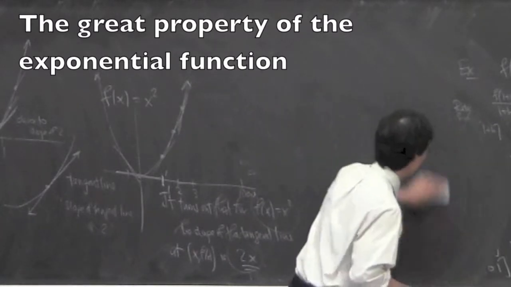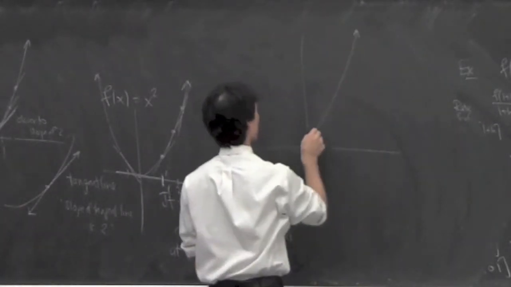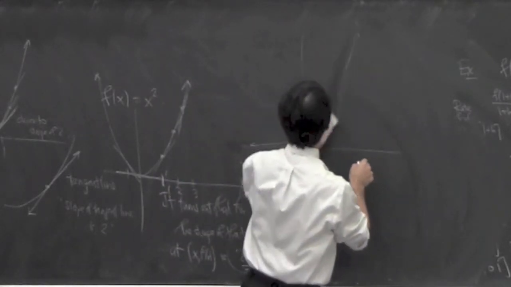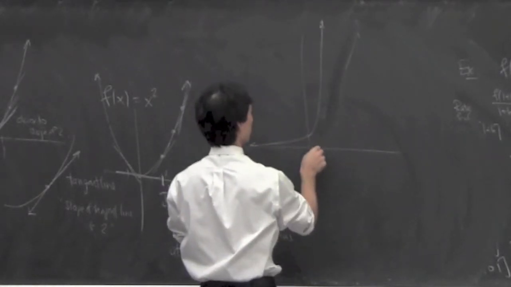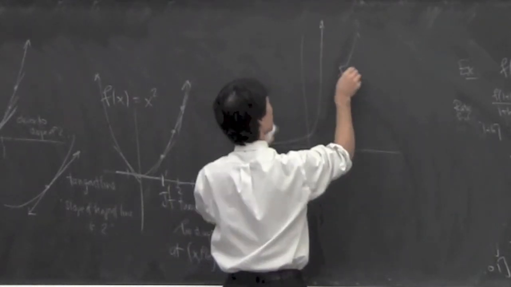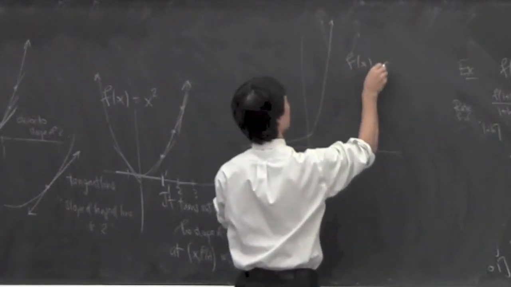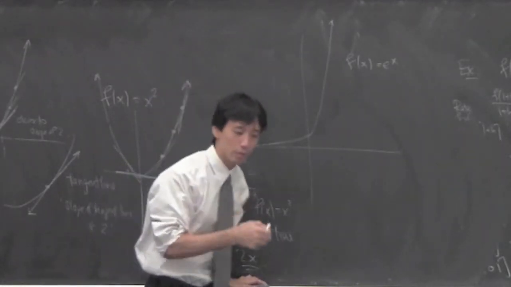Okay. So now let's think about the function e to the x. Here's the function f of x is e to the x. And here's the great property.